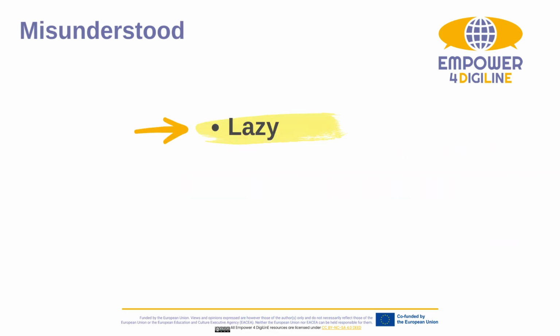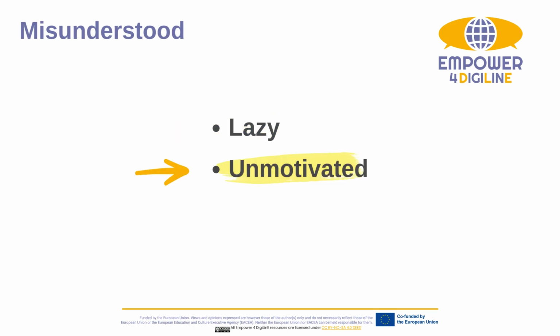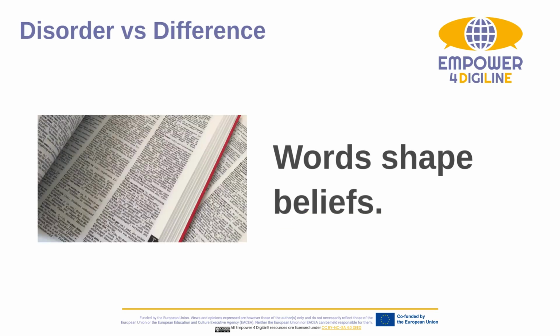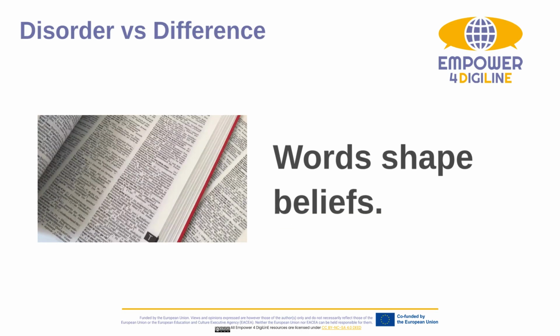So, what happens when a student with an undiagnosed difference falls behind? Well, too often they're labeled as lazy, unmotivated, or disruptive. But in reality, they may be working twice as hard as others just to keep up. So, when a student doesn't meet expectations, we need to ask why, not jump to conclusions. This brings us to the language we use.